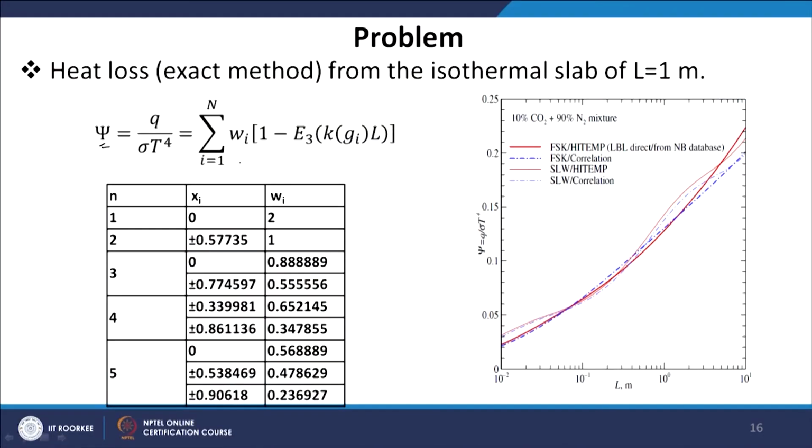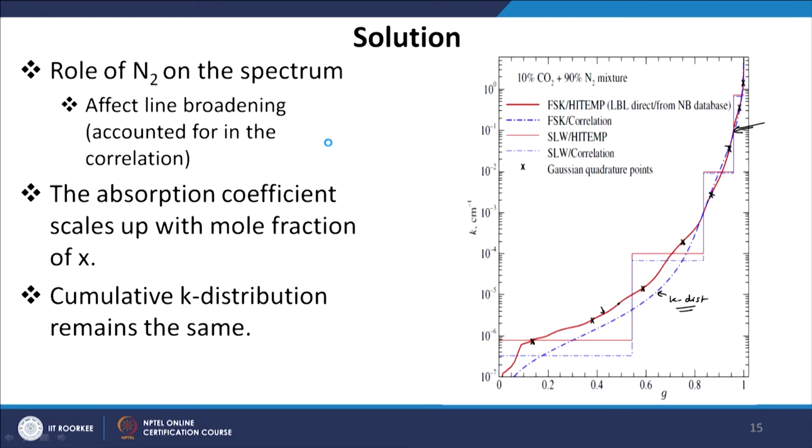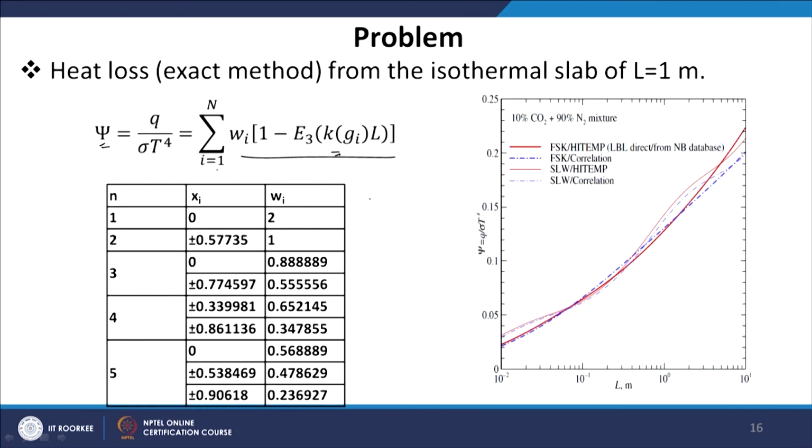The same formula, the exact method for an isothermal slab, the non-dimensional heat flux can be written as a weighted sum of gray gases: sum over i equal to 1 to n of Wi, the weight, times the exponential integral of third order of k values, that is, the gray absorption coefficient values, times L. These k values are picked from these crosses, and the corresponding weights are given in this table.